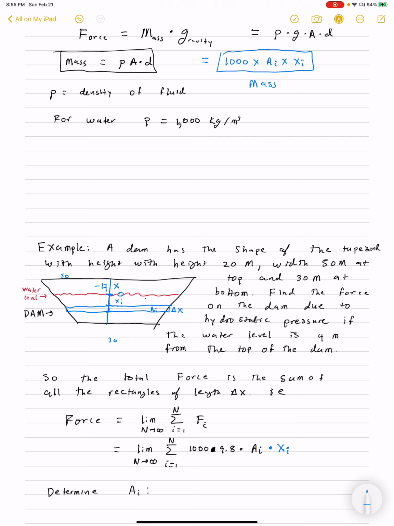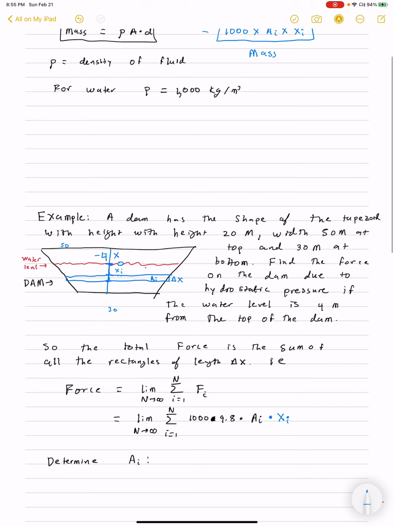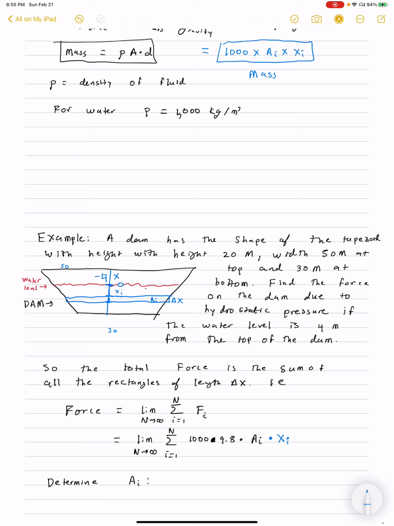Well, that would give me the exact force. So I have this limit as n goes to infinity of adding up the forces of f sub I. This equation becomes 1,000 times gravity, which is 9.8, multiplied by area, a sub I, and multiplied by the distance that's above it, x sub I.